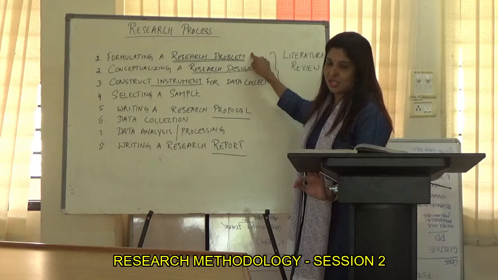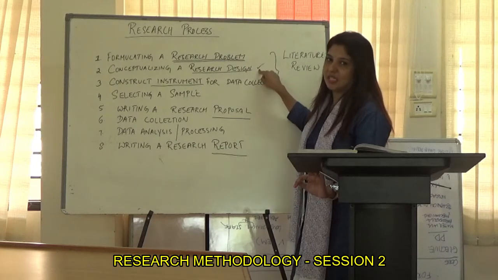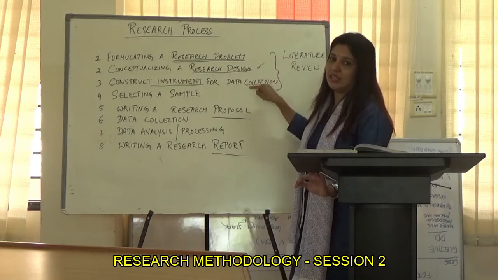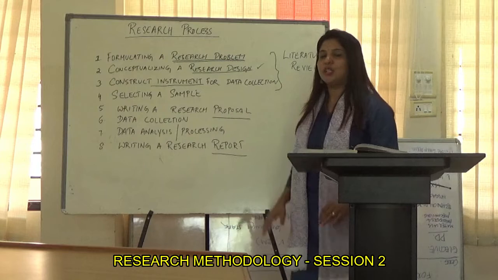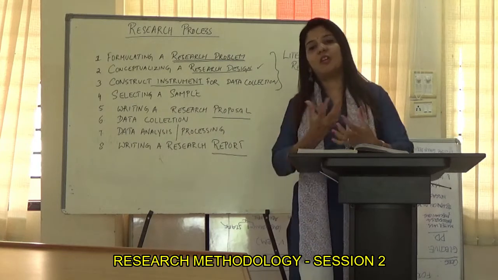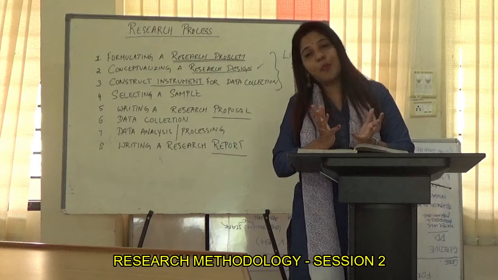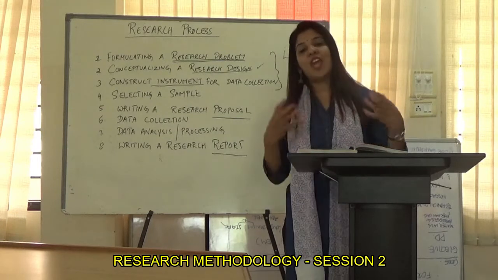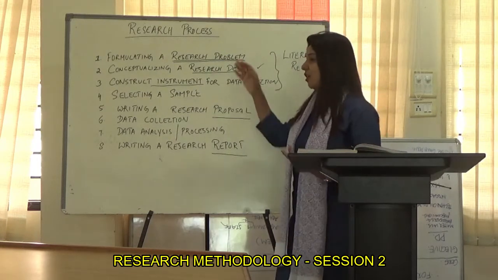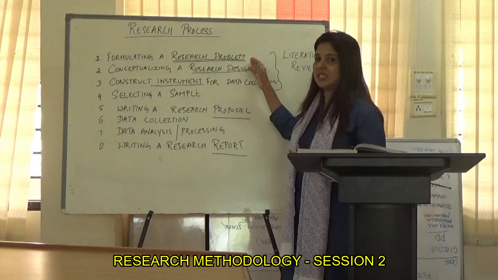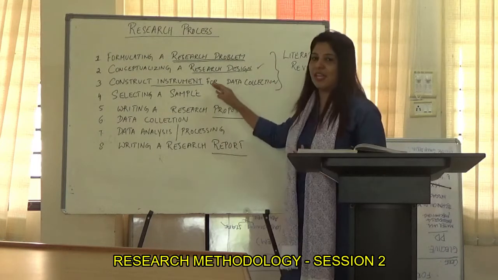So the first step is the research problem, the second step is conceptualizing the research design, the third is the instrument for data collection. So almost all your preliminary steps are completed. What you develop now is a research proposal. That is, you are going to put everything on paper: this is your problem, this is your research design, this is your instrument.